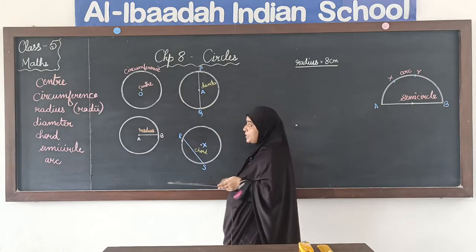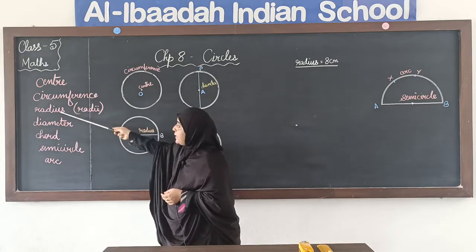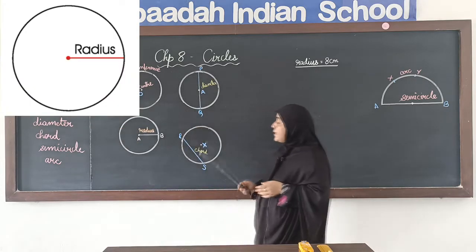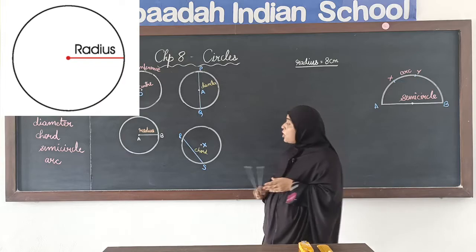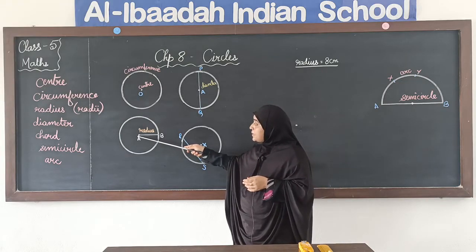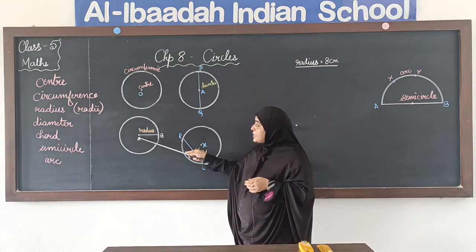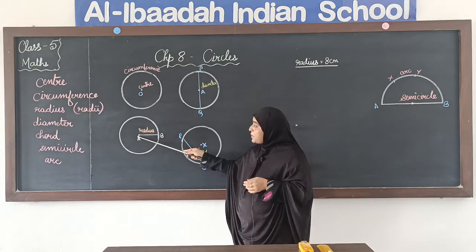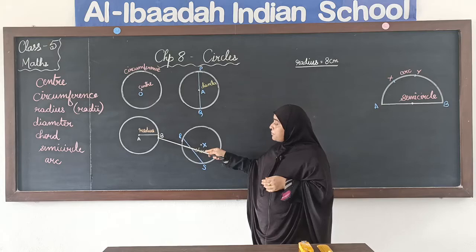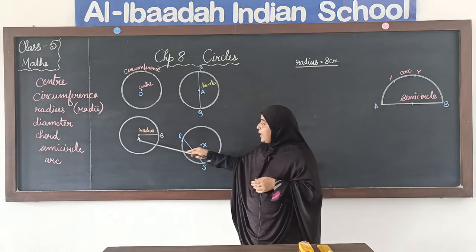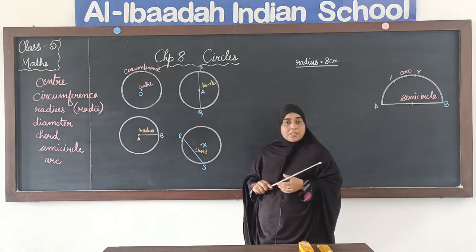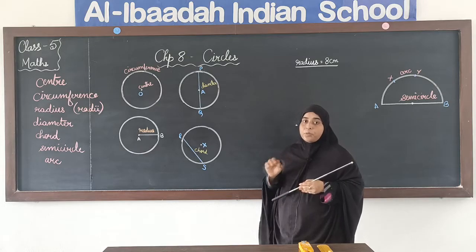Moving on to our next part, that is radius. Radius is a line that is drawn between the center and any point on the circumference. Here you can see I have drawn a line from the center to the circumference and I have named it AB. We use capital letters to name the points, okay.